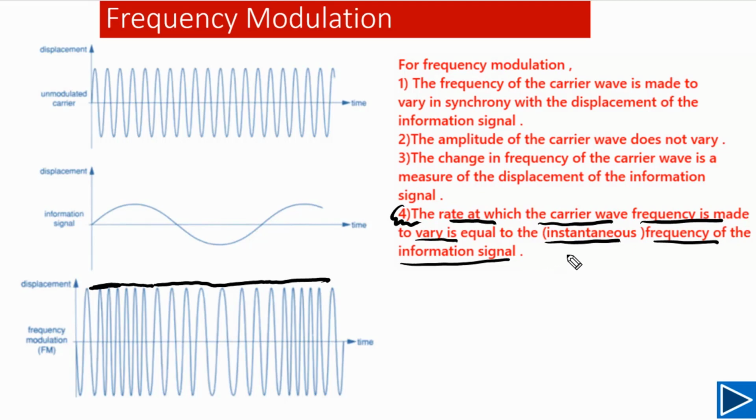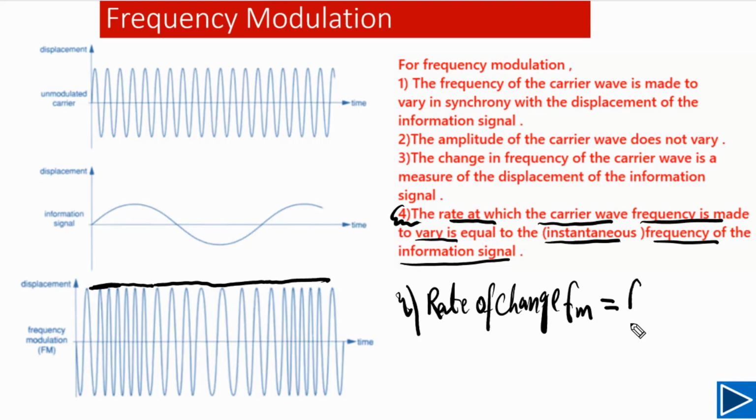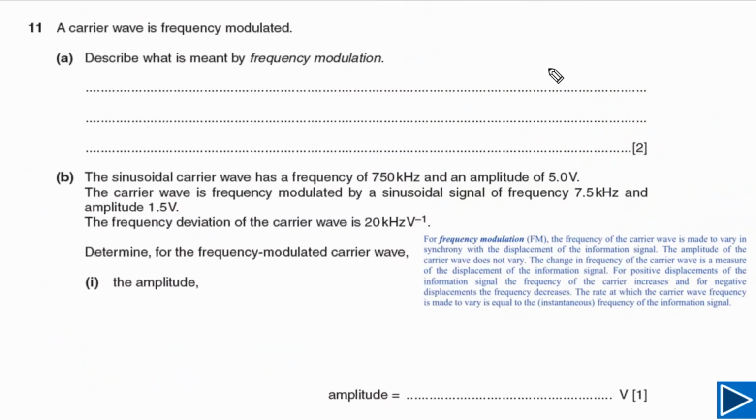If the signal has more than one frequency, it will depend on the instantaneous frequency of the signal. So this is simply what is meant by rate. We can write down: rate of change of modulated wave frequency is equal to frequency of signal.